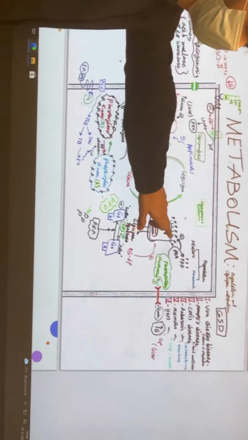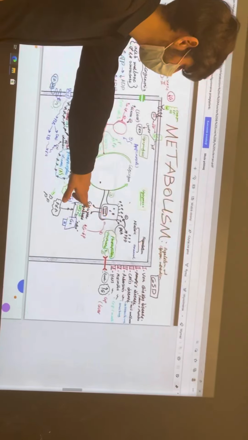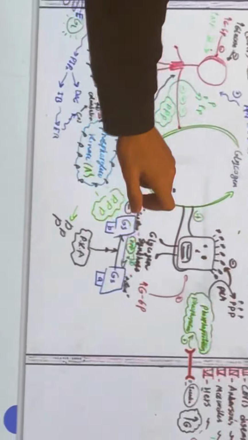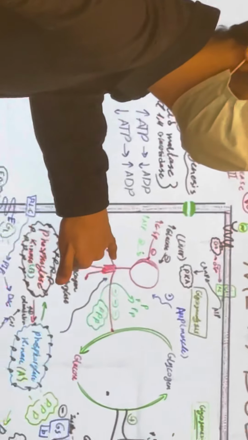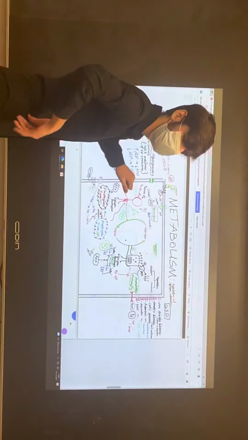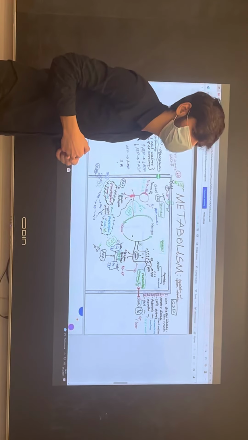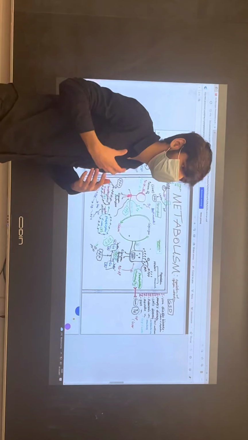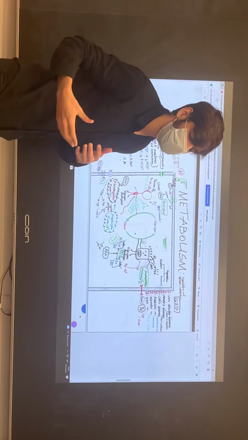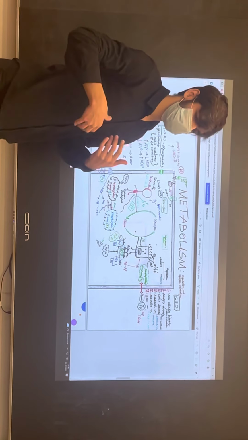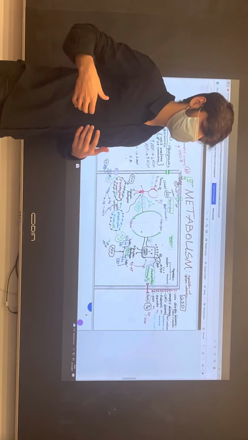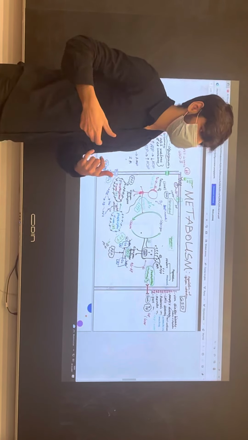This increased amount of glucose 6-phosphate will stimulate glycogen synthase, but it will inhibit glycogen phosphorylase. If we have an increased amount of glucose 6-phosphate, it means we have more glycolysis going on, which means we are making more ATP via the Krebs cycle.